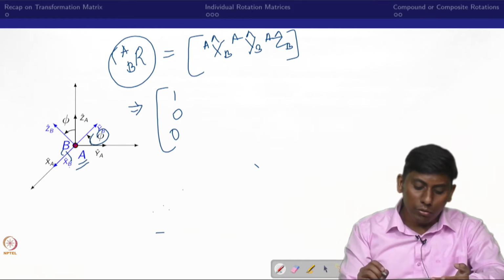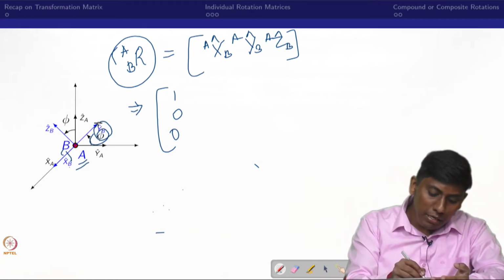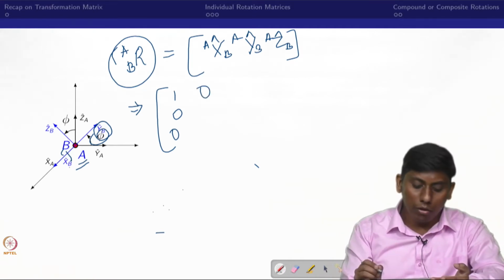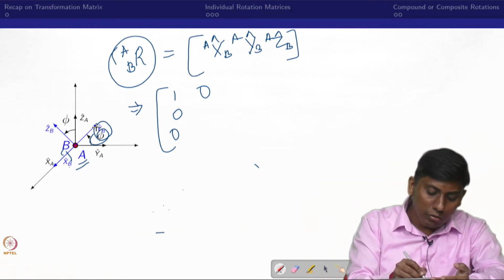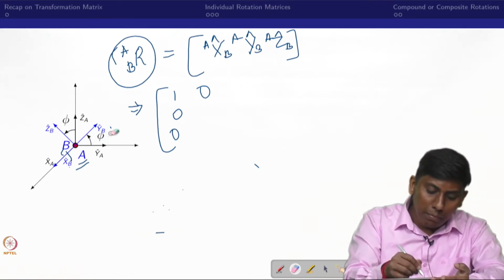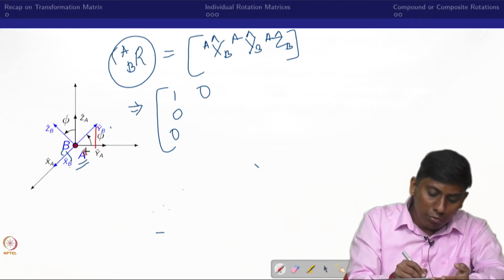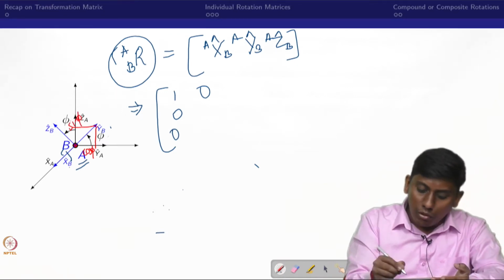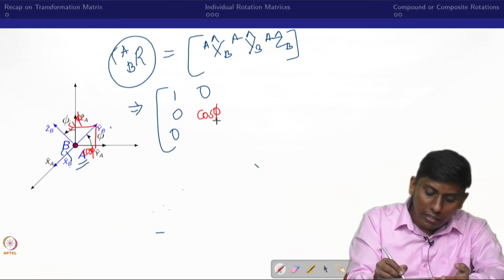Now what else can you see? The YB cap projected on XA would be 0 because that is in the other plane, the YZ plane. But if I project this here, that would be cos phi, and if I project on the ZA, that would be sin phi, right? That is what we are writing.